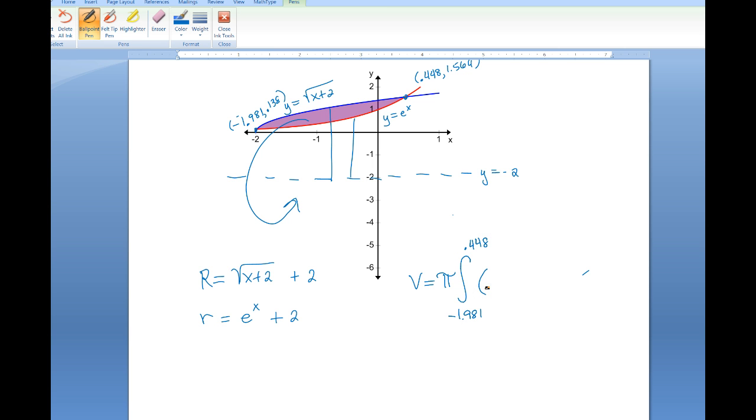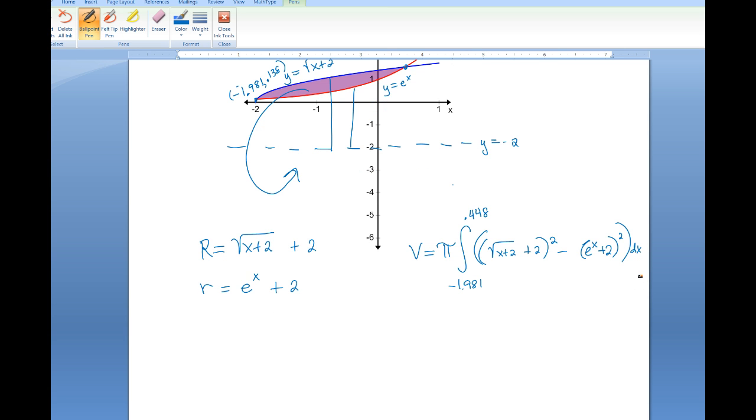Okay, the first curve, big R squared, so that's going to be the square root of x plus 2 squared, minus, good, and then the whole thing is dx. Just remember, it's just big R squared minus little r squared. And honestly, you can plug that into your calculator, I'm not concerned. I'm more concerned with can you set it up correctly?